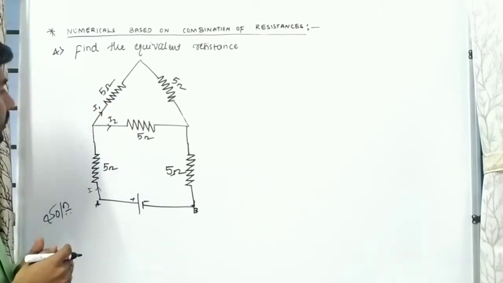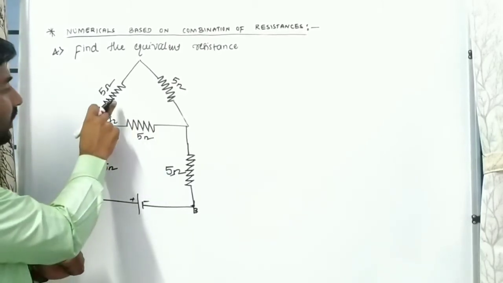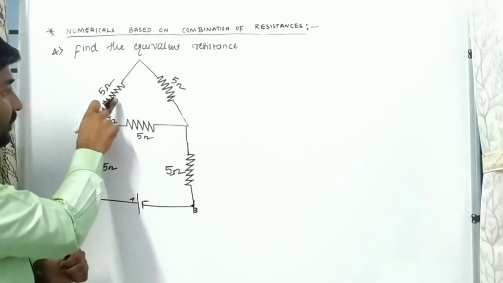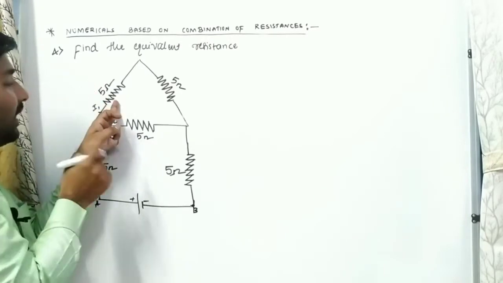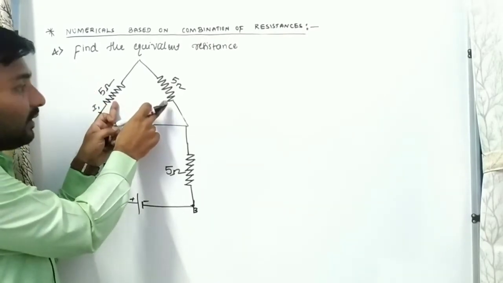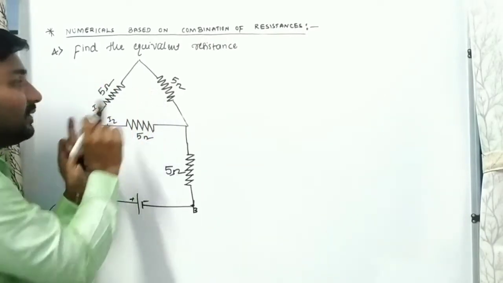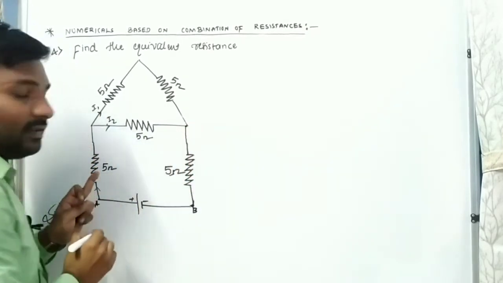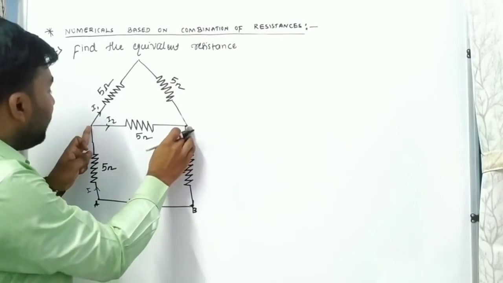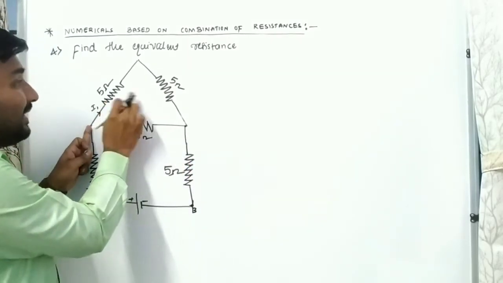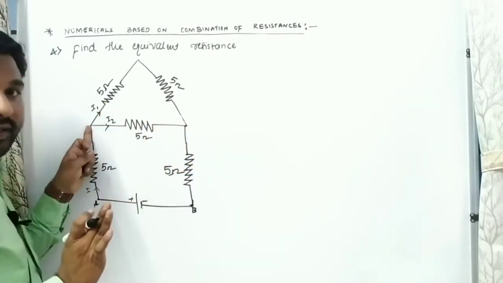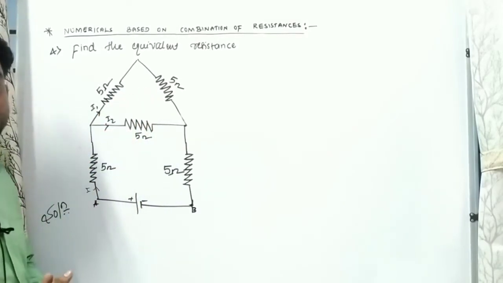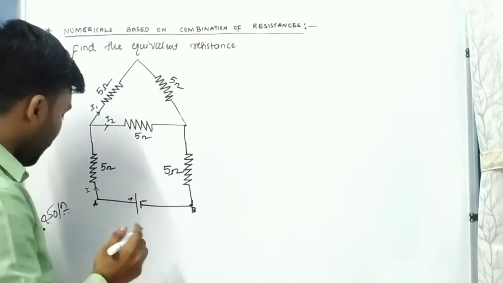Now here, whatever the current flowing through the resistor 5 ohm, this one and this one, it is I1 only. How? Because if you consider these 2 points, the amount of current flowing through these 2 resistors will be the same, which means these 2 resistors are in series combination. Got the point?